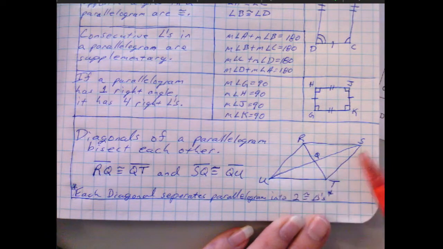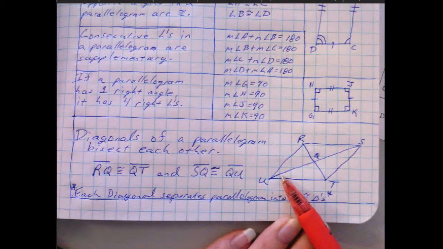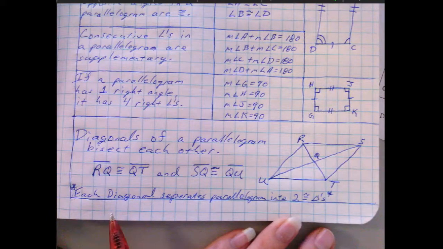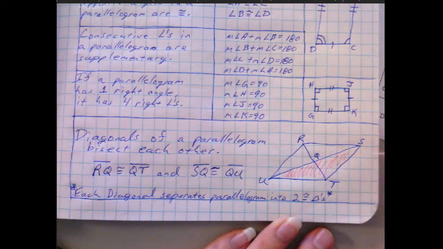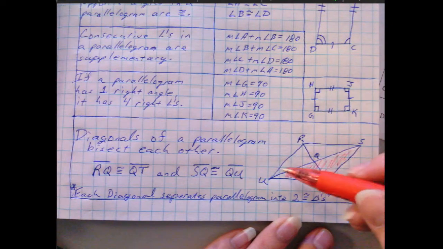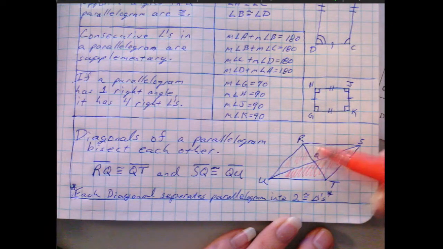And SQ is congruent to QU. It has been bisected. The other thing we know about diagonals is each diagonal separates our parallelogram into 2 congruent triangles. So if we look at this, we have this big triangle is going to be congruent to this triangle.